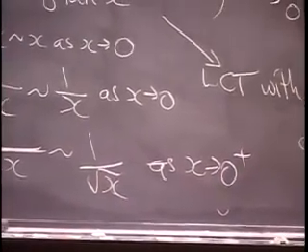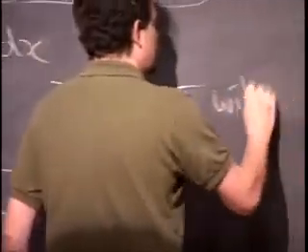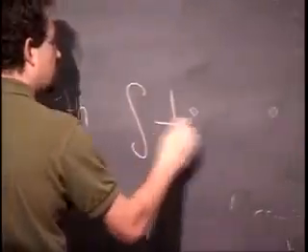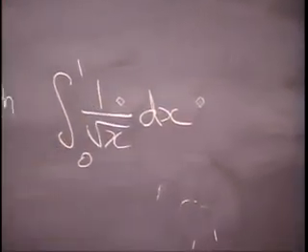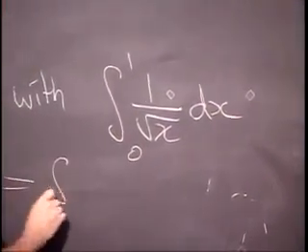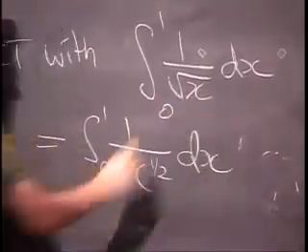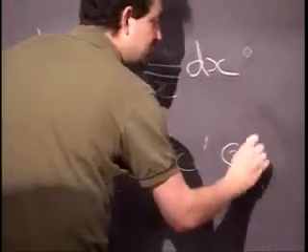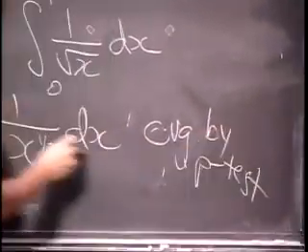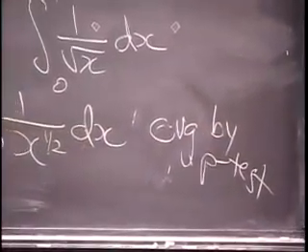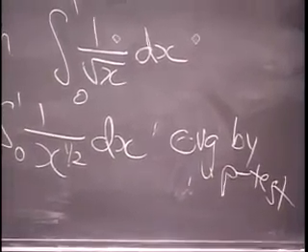So for this one, you use the limit comparison test with 1 over root x, which is otherwise known as 1 over x to the 1/2. And this now converges by the p-test, because the power of 1/2 is less than 1. So that one converges by the limit comparison test.